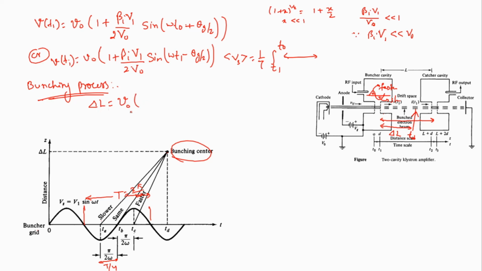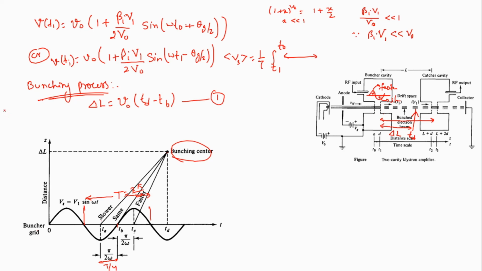So what should be the time taken by this electron to travel this delta L distance or bunching center? This will be nothing but TD minus TB, because TD is from 0 to this point and TB is nothing but this. So this TD minus TB will be the time taken by the carrier to travel to this bunching center. Take this as equation number 1. This is for the unchanged velocity electron.